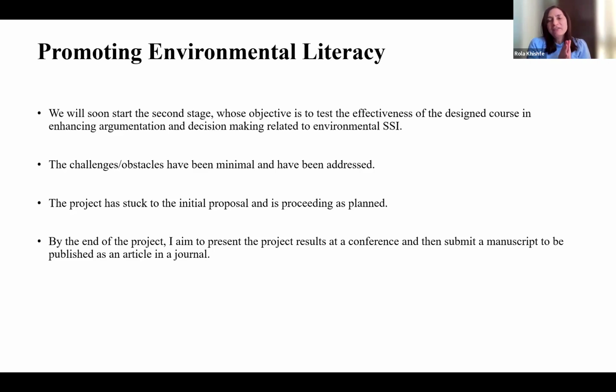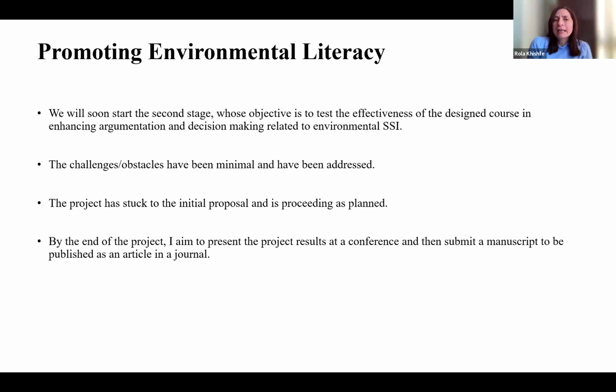So after testing the effectiveness, and when we find that this course is effective, hopefully we can use that as a model to integrate at different places, whether at the school level or at the university level. And we hope that this will enhance the environmental literacy of our youth.